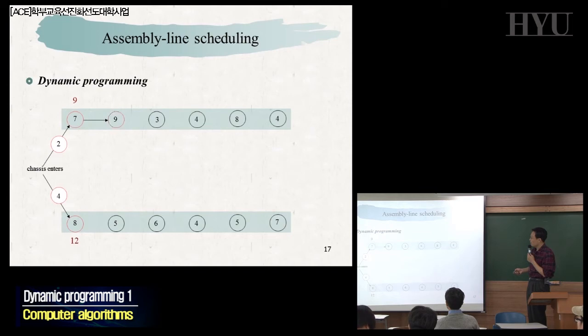And now we are computing this. It is 9 plus 9, which is 18. And there is another path from the other line. That is 12 plus 2 plus 9, which is 23. Then 18 is smaller, so we take 18.